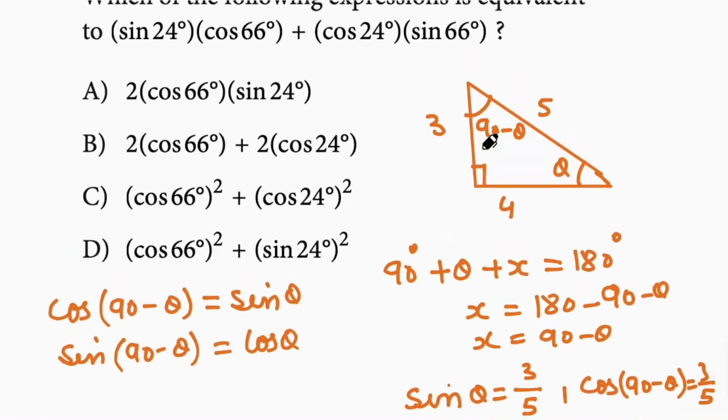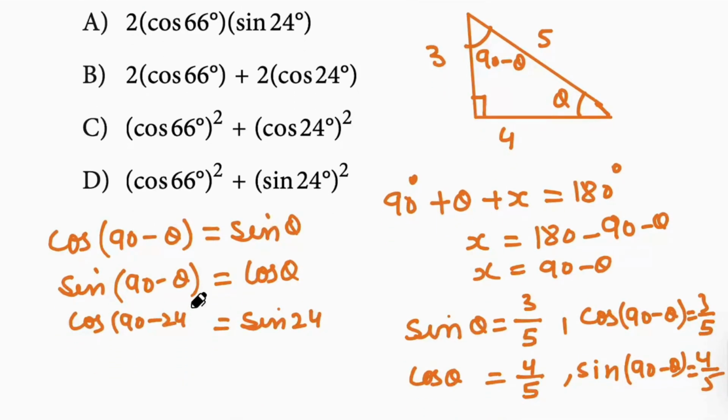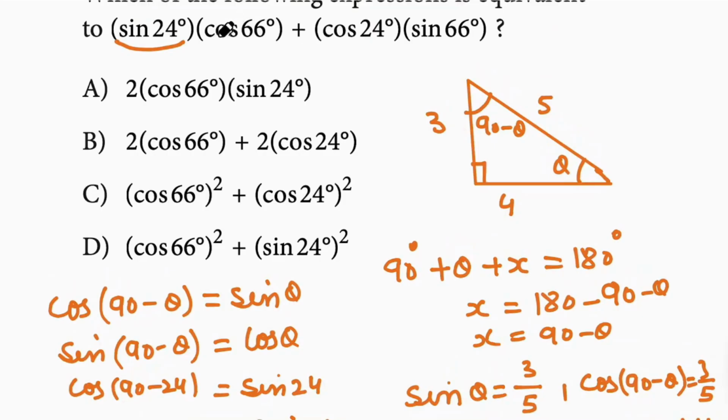Now, if I apply these identities over here, I can write sine 24 as cos of 90 minus 24, which is cos of 66. So cos 66 is equal to sine 24. Because there are so many options with 66 and 24, we will see every possible conversion.